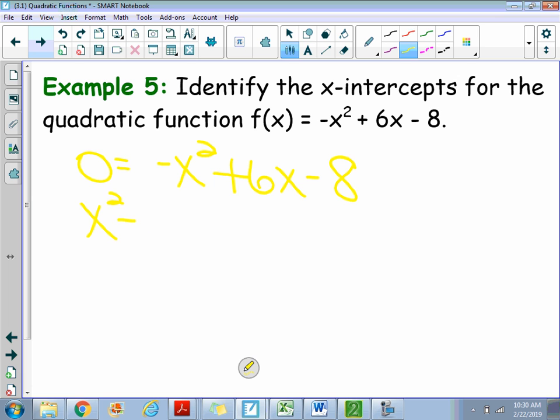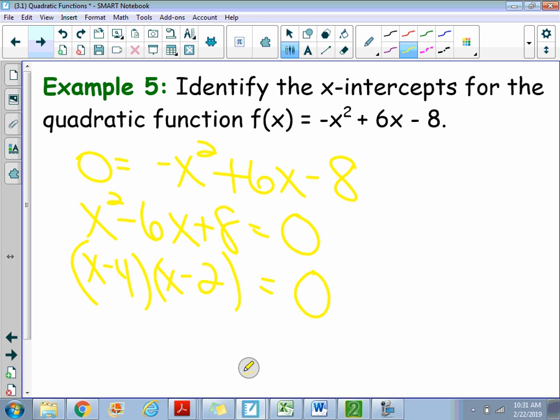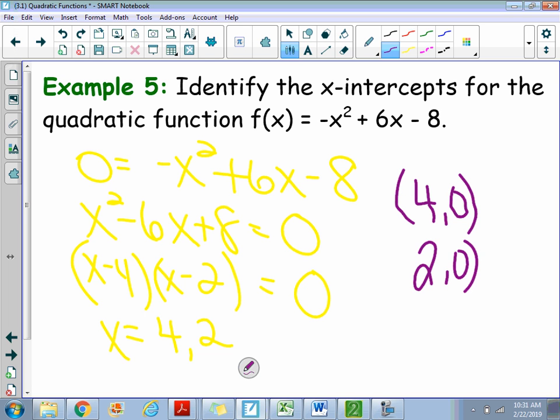So x squared minus 6x plus 8 is equal to 0, and we can just factor it. How does it factor? Minus 4, minus 2. Yep, so x is 4, 2, but the question says what's the intercepts? So we should list them out like intercepts. So it's (4, 0) and (2, 0) are my intercepts.